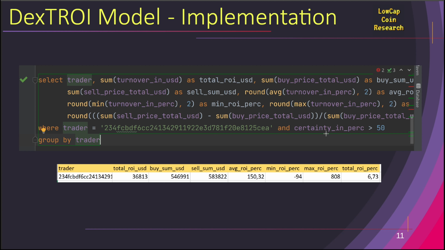Then it should build the sum of all return on investments. And that is how we can get the total return on investment in USD. This is just an example query, and we can build a more complex query like a trader ranking query that lists the best traders.